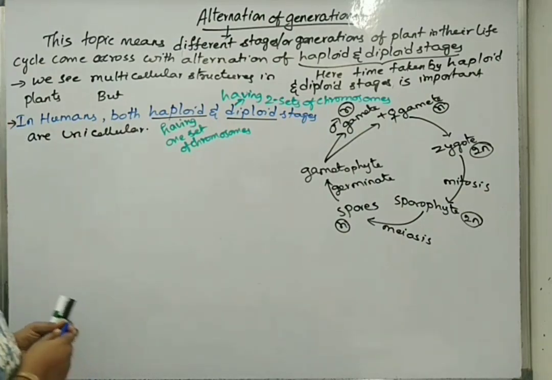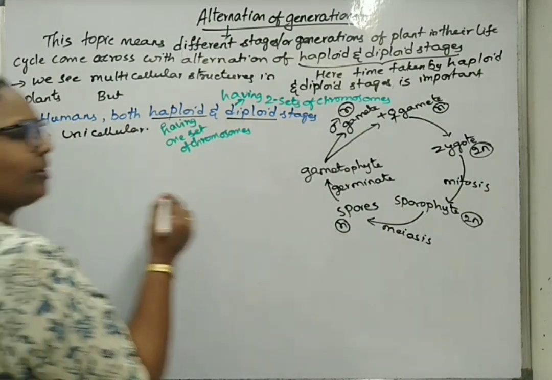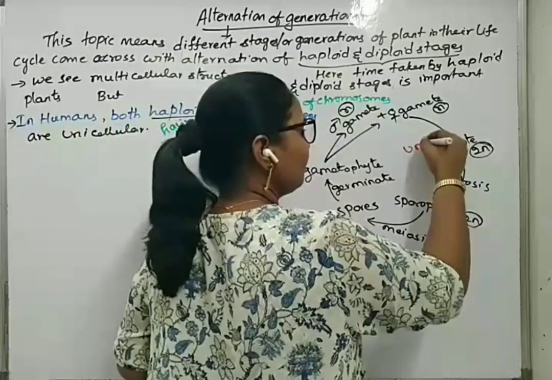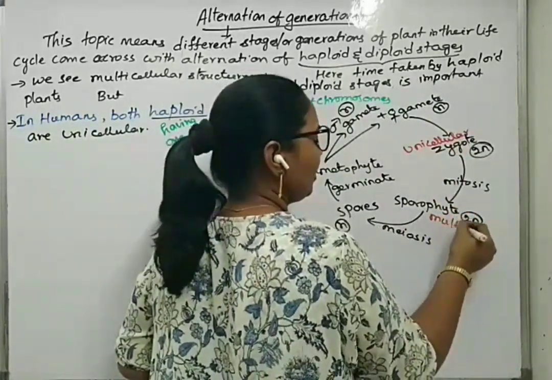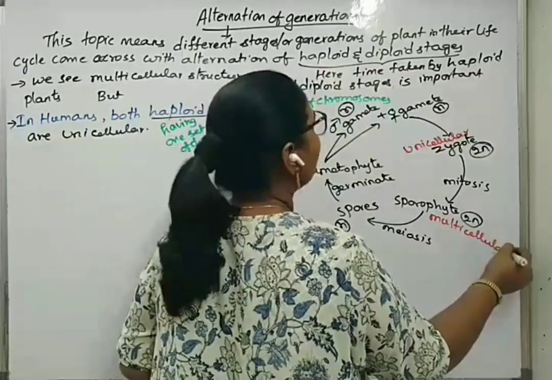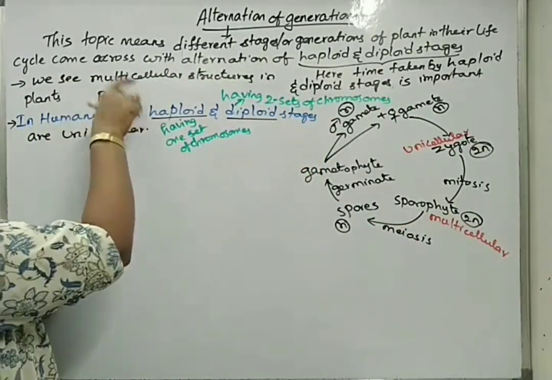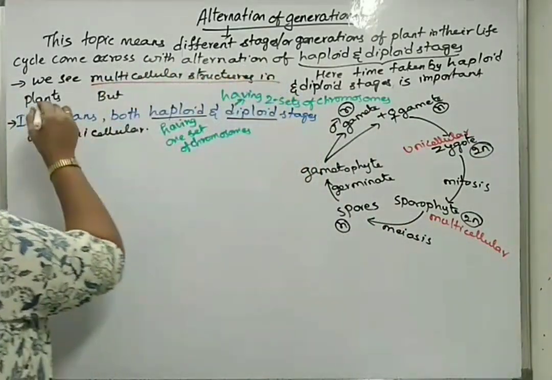Next, the zygote is unicellular. The sporophyte is multicellular. That is why we have written here that multicellular structures are seen in plants.